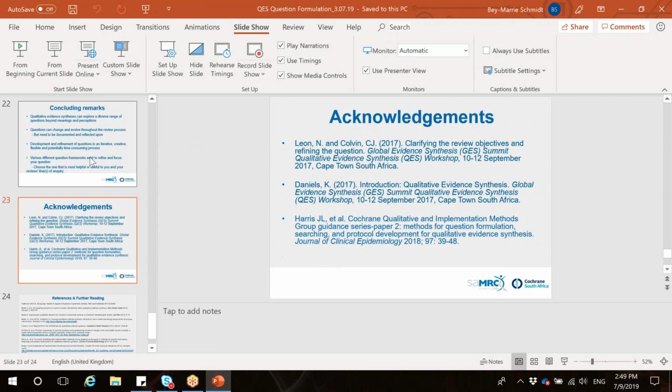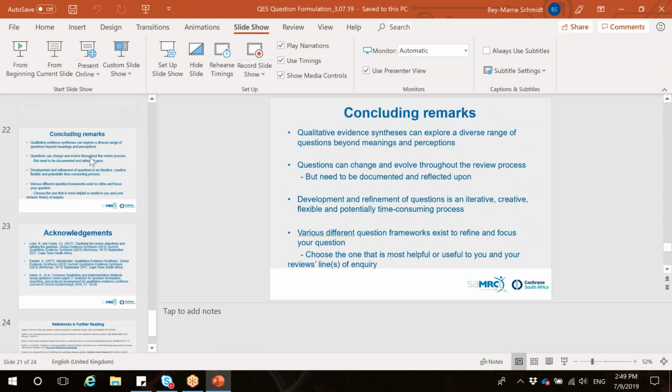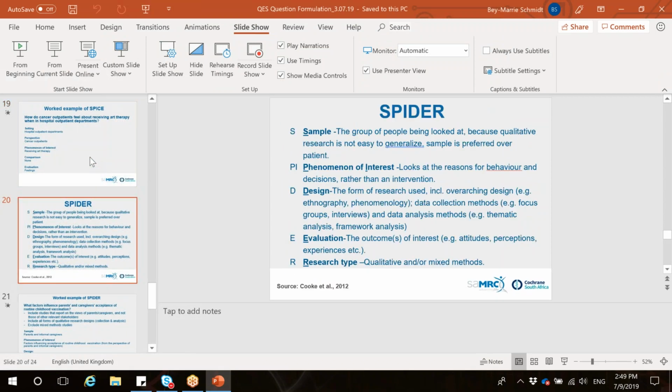So there was one question about the overlap of concepts for SPIDER. The main question, I guess, was around the overlap between the phenomenon of interest and, for example, the evaluation, and then the design and the types of research. So it is true that there is some overlap with those.